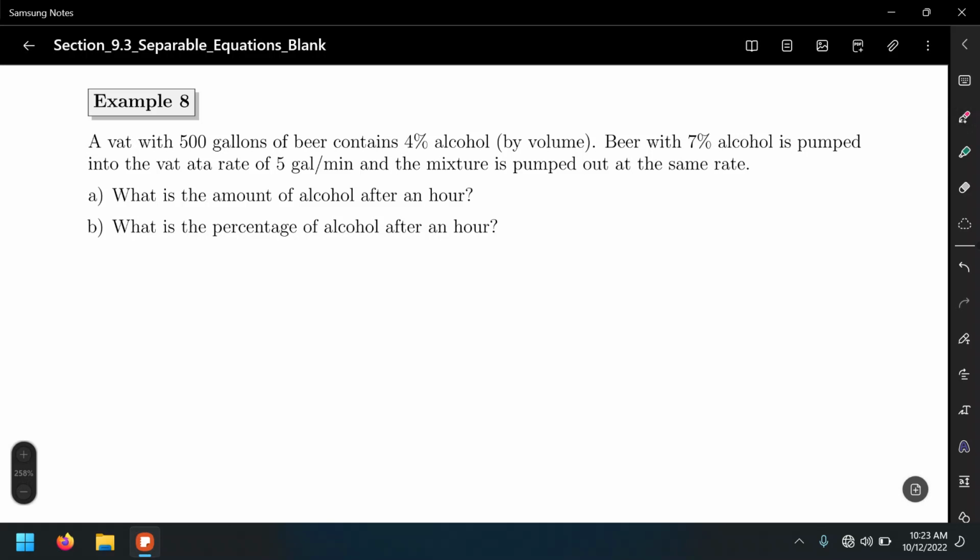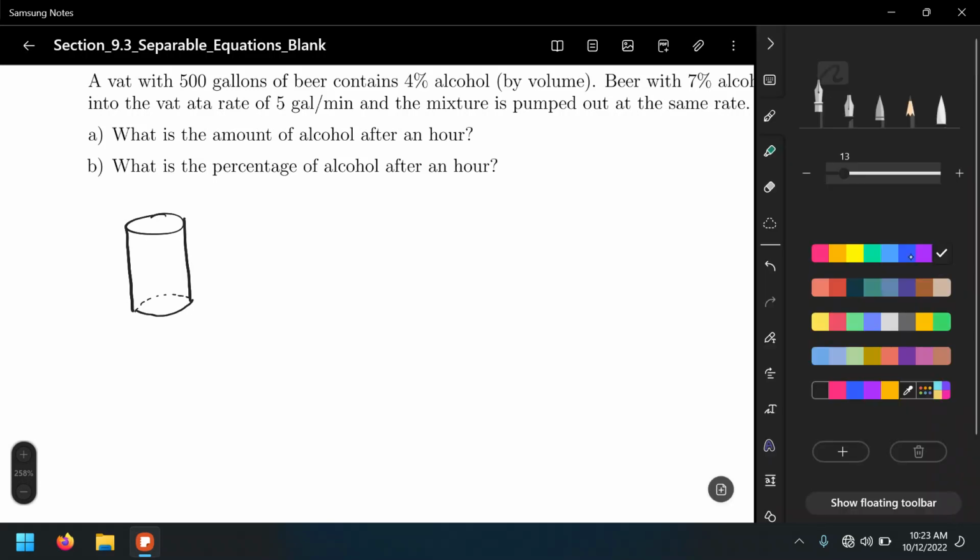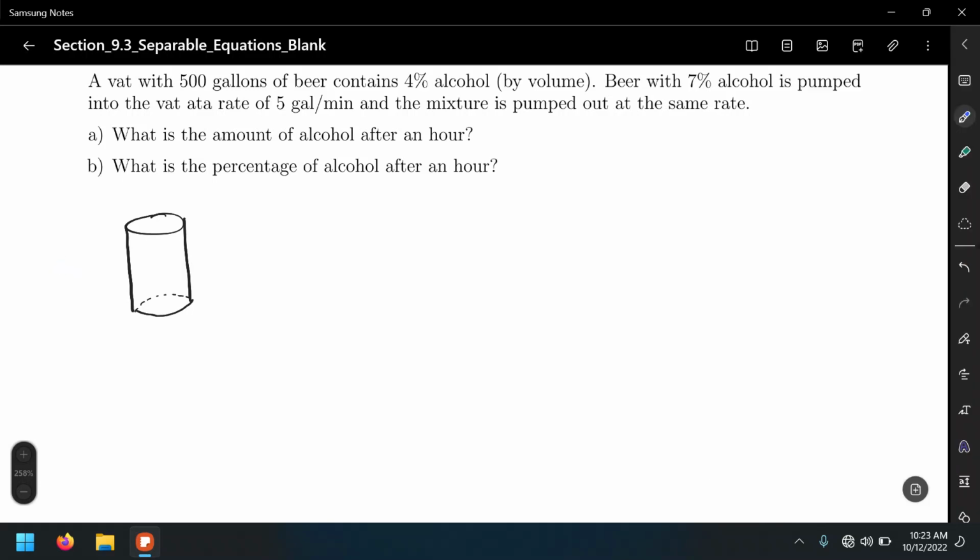So again, let's draw a picture here and write down whatever comes in, whatever comes out. So what do we have?